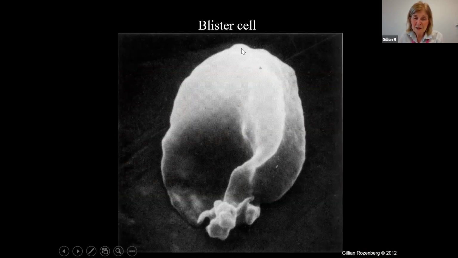Now, when Marcel Bessy took all his photographs, I don't think it was known about bite cells and oxidant hemolysis. This image actually doesn't come from his book. It comes from another author, an author in hematology pediatrics from Queensland in Australia. But this clearly shows you a beautiful picture of a blister cell.